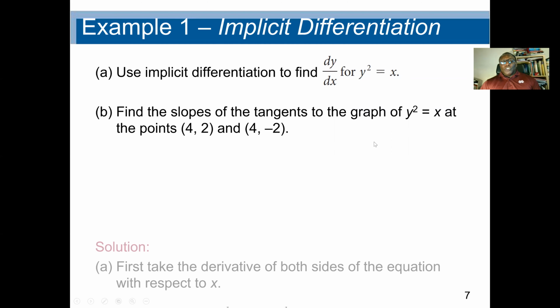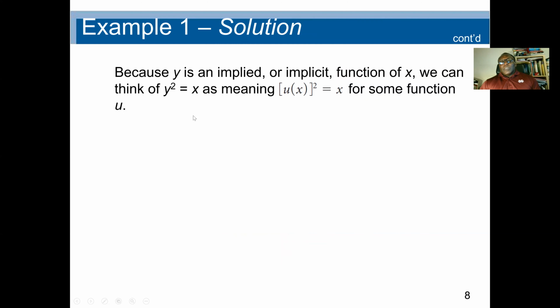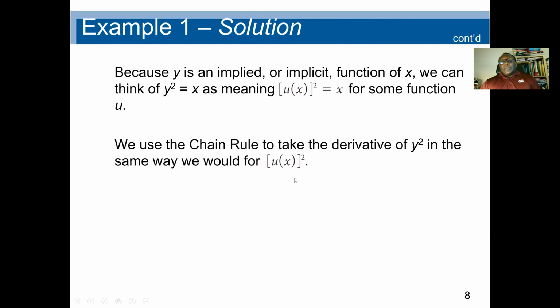Again, let's look at the solution. Implicit differentiation means we have to take the derivative of both sides. So we have d/dx of y squared equals d/dx of x. Since y is a dependent variable, we have to use the chain rule.